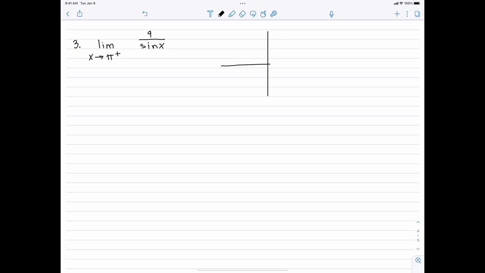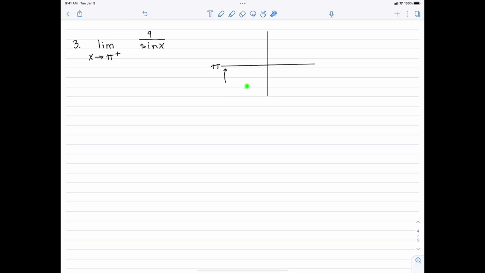But I want you to also notice, I could also just think about this for a second. So this is a unit circle. Pi is right here, right? So we are approaching the sine of pi, but we're approaching it from the right. So we're approaching it from quadrant 3, right?